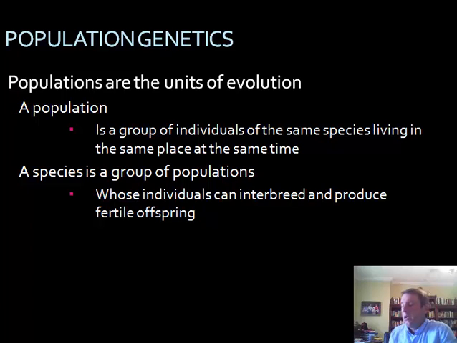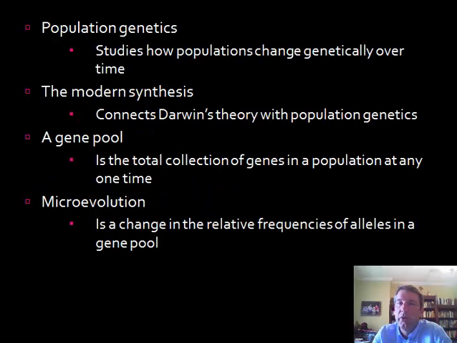The study of the genetics in a population is the field of population genetics, and this is the basic unit for study of change over time. So when we look at genetics and we're looking at change over time, the population is the unit where we look at that. And the collective genes in a population is called a gene pool. So a gene pool is a total collection of genes at any one time.